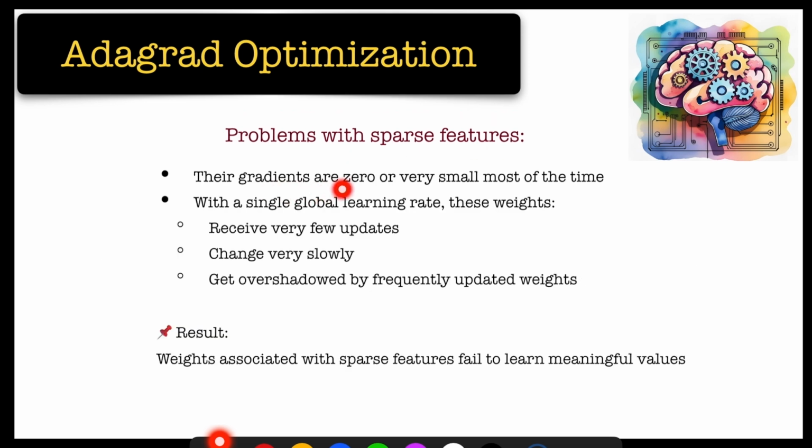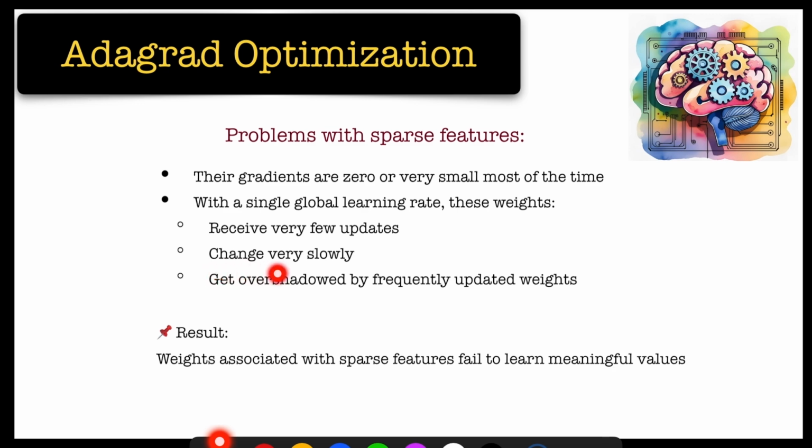So the gradients are 0 or very small most of the time for these sparse features. With a single global learning rate, these weights will receive very few updates, because the gradients are 0 or small, so the weight updates will also be very small.